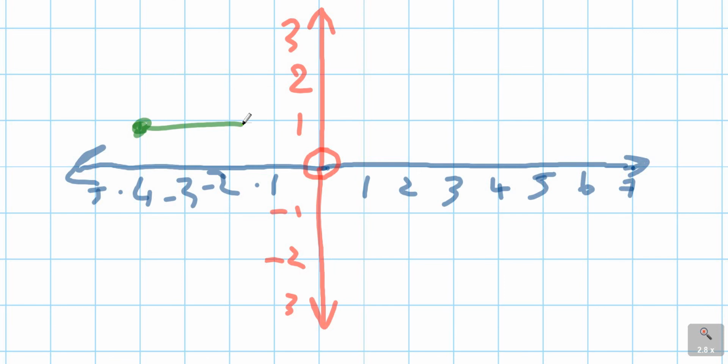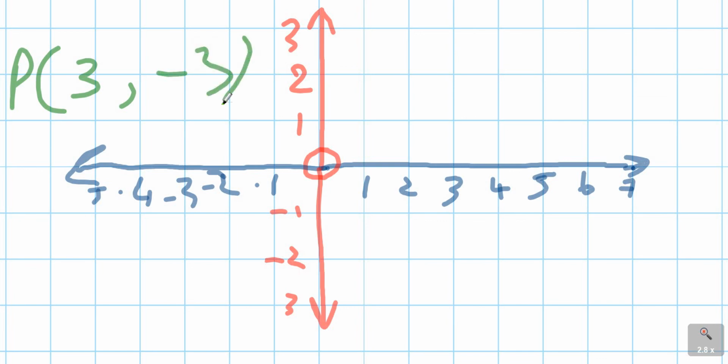And what if we had a coordinate? Let's say we had a coordinate P, 2 and negative 3. Where would we locate this coordinate? Let's get some more space on this.